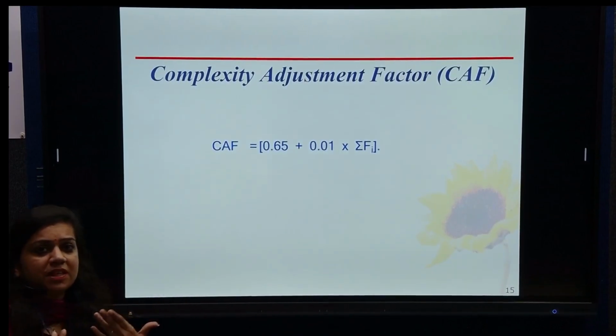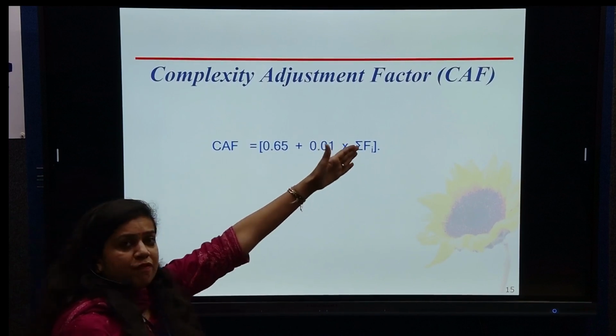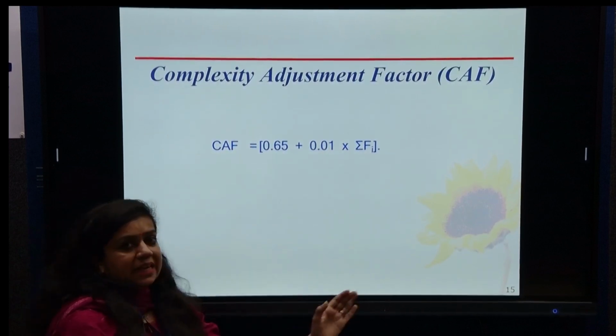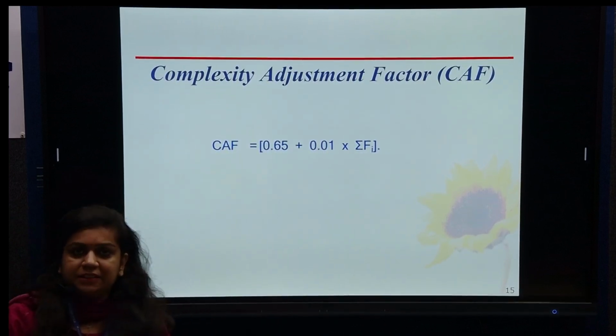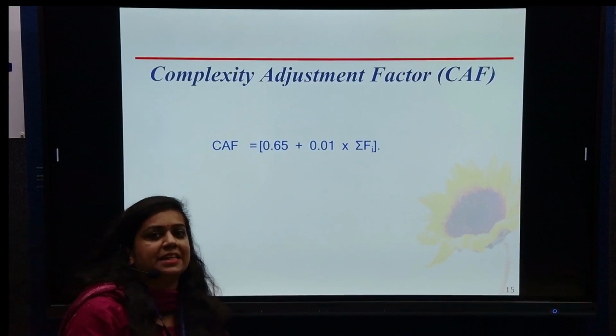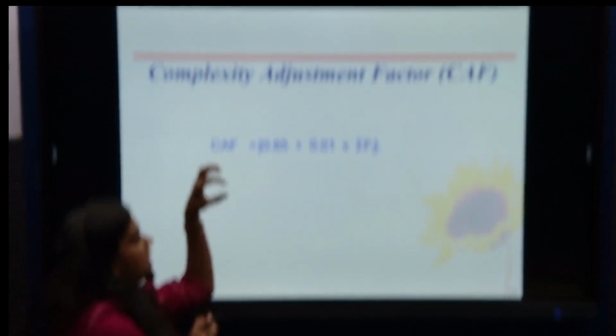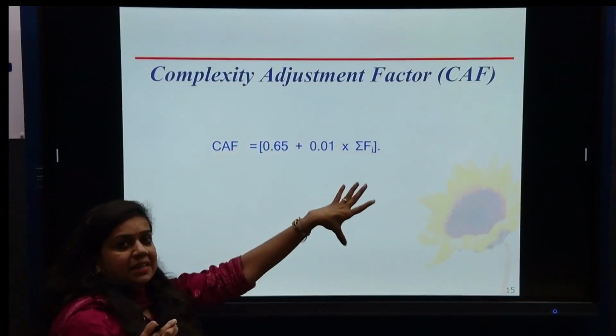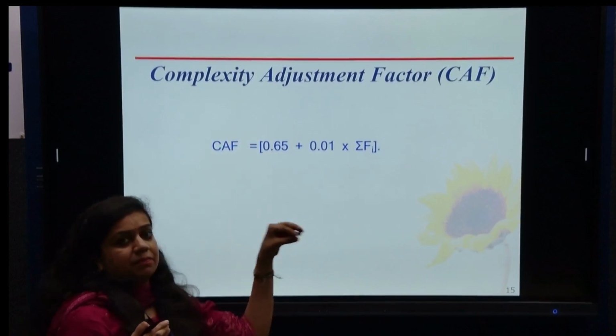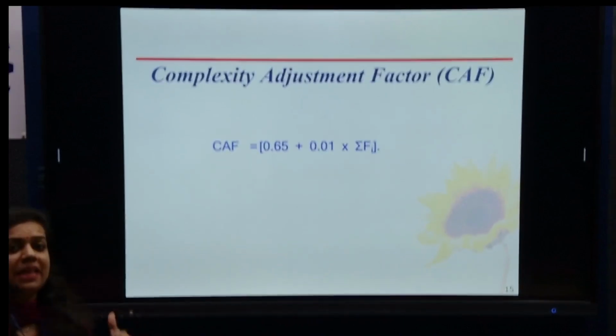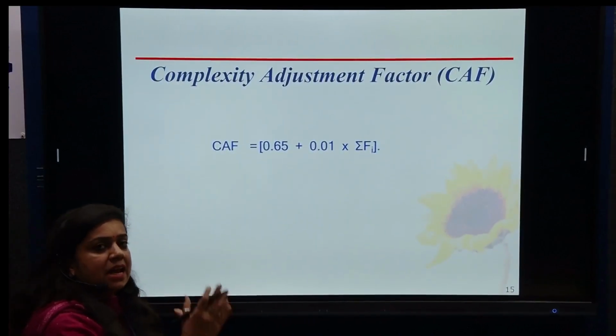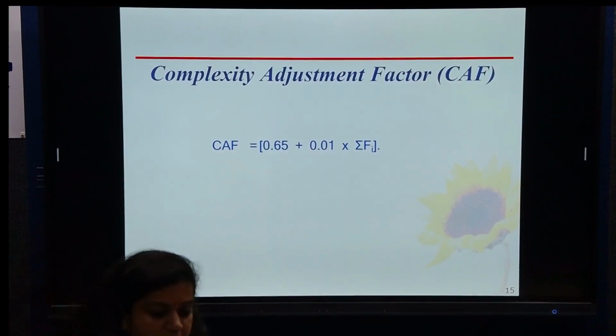Now, here comes the question, what is summation Fi? Fi are basically the 14 factors that organizations have set, and the organizations themselves rate them on a scale of 0 to 5.